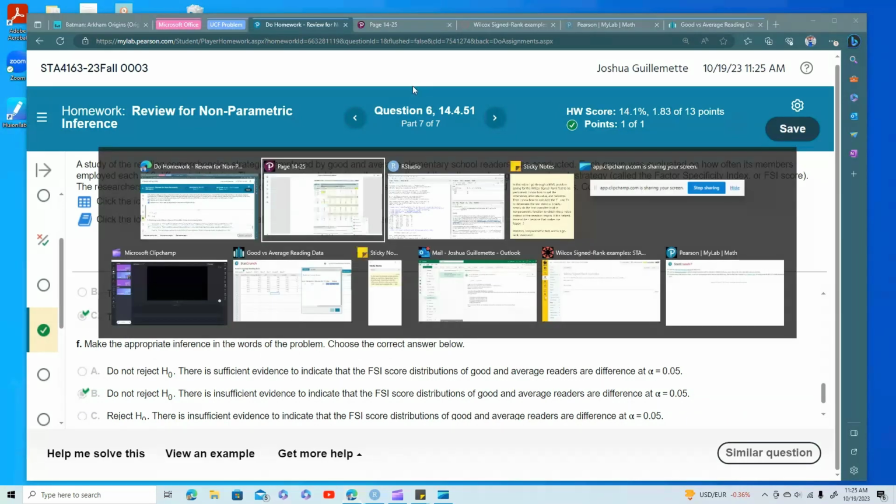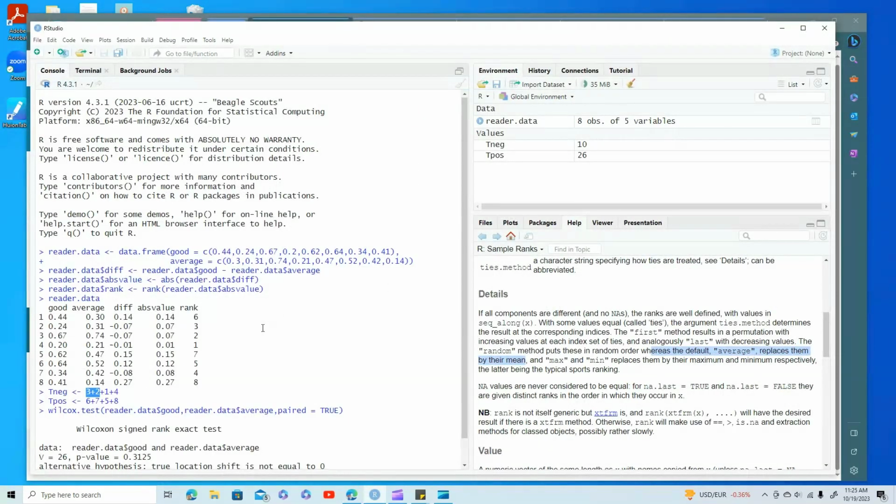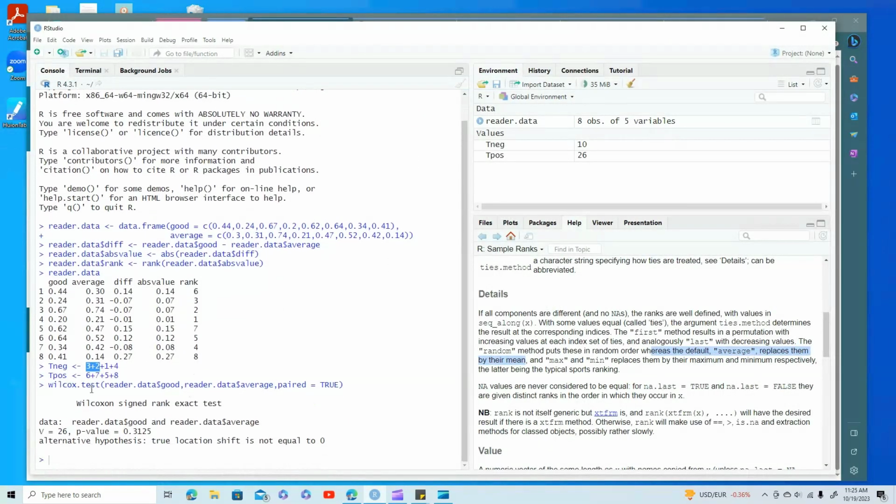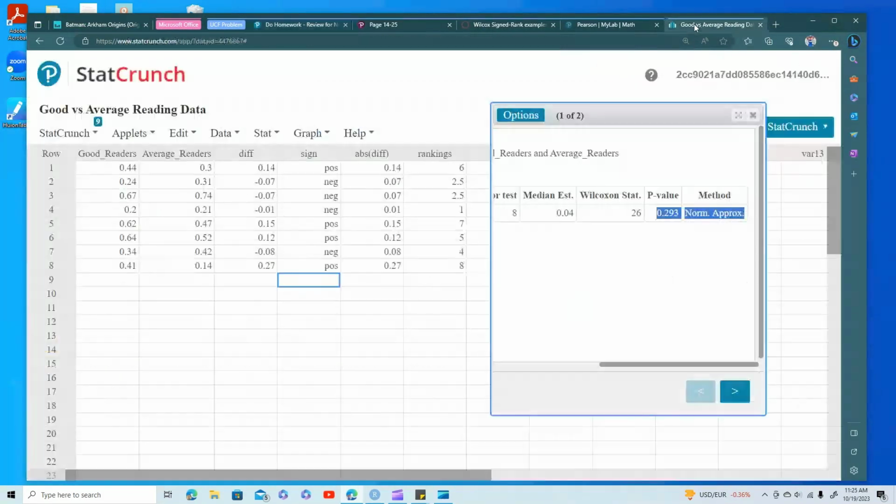And then, of course, if I wanted to find out what the p-value was, I could just do the Wilcox test. I can compare reader data good to reader data average. And then I want to make sure that paired is true because this is the signed test. And I do get 0.3125. Now, what I will say is if you do this in StatCrunch, you do get a slightly different number.